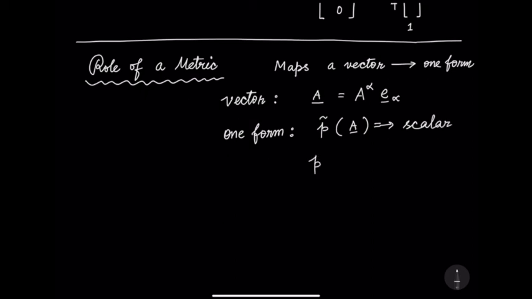If you supply the unit vector, then it gives you the component of the one form on that basis vector.